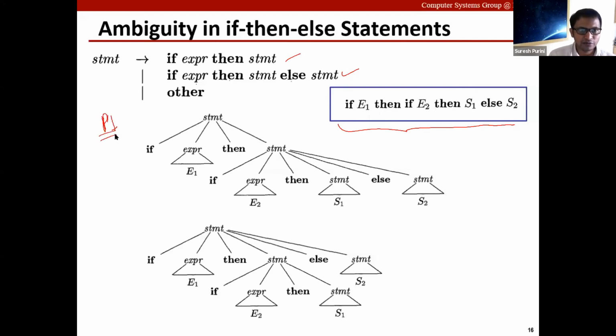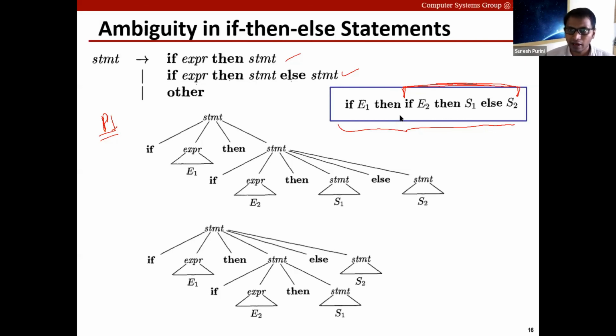In parse tree 1, the way it is parsed is: if expression 1 is true, then execute the whole of this statement here.